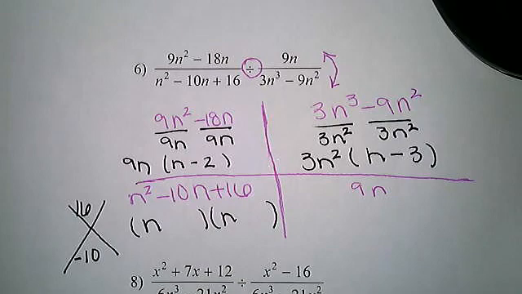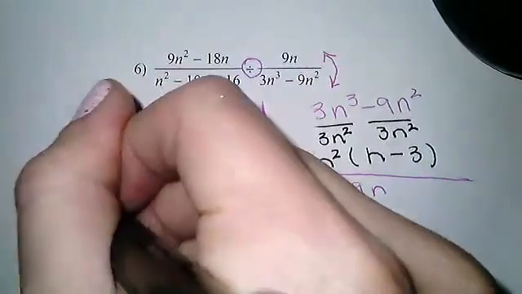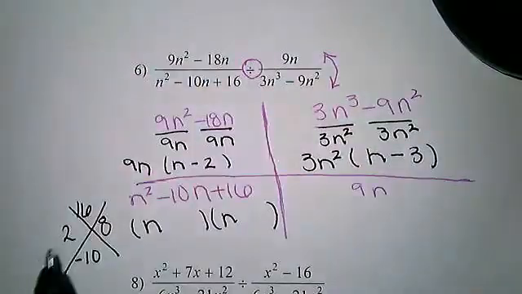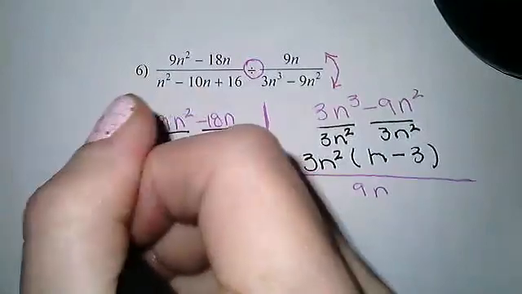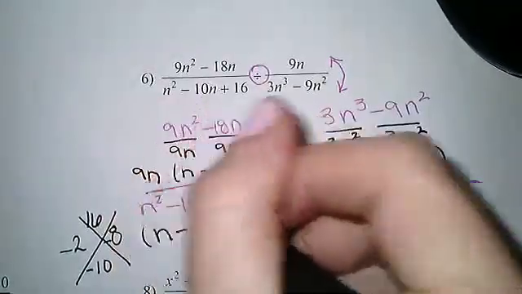Does 16 divide by 2 or by 4? So if I did 4 and 4, would that work? No, so I have to do the other one. So I'm just gonna put them in here, and when I look at it, how would I get them to be a negative 10? Good, they'd have to be negative.